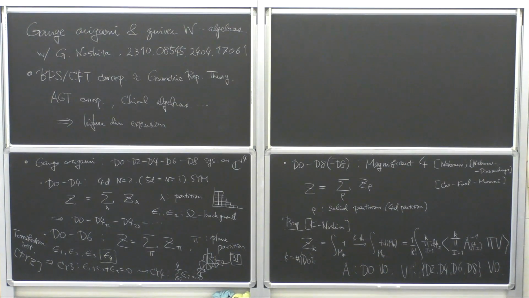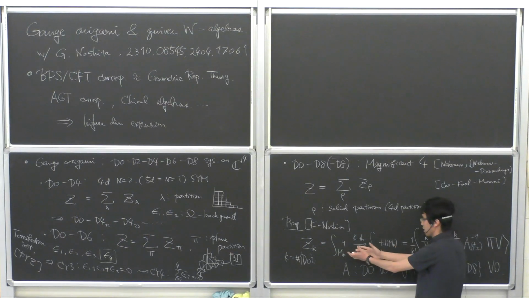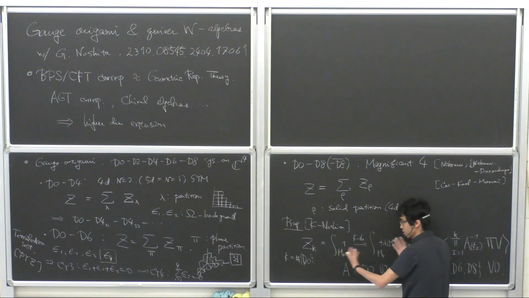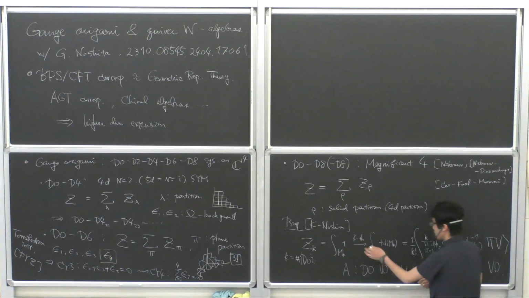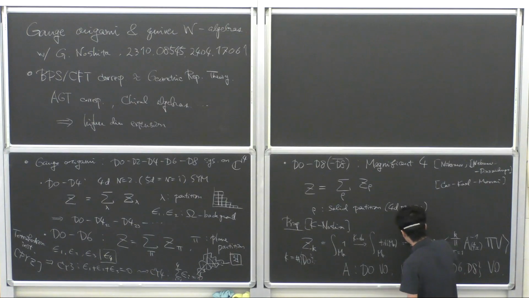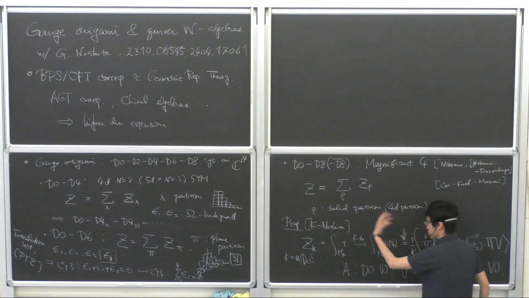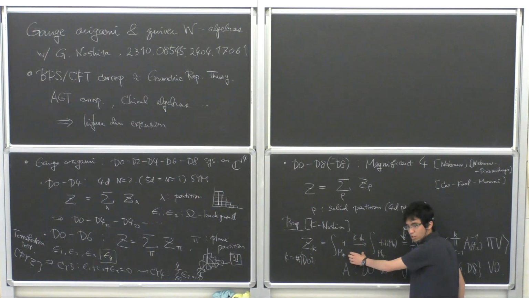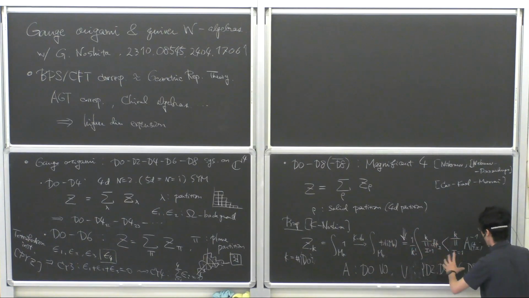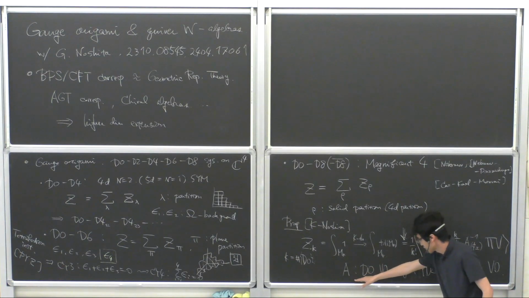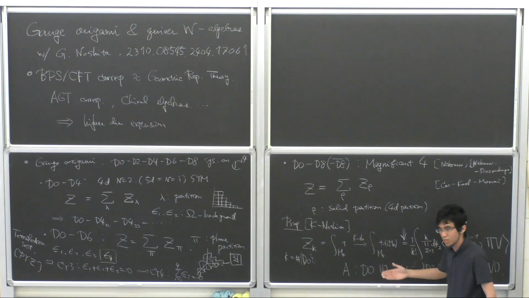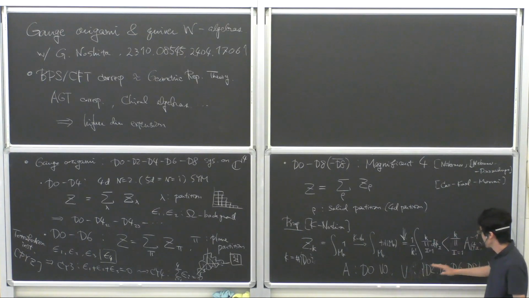Then the claim is the following. This is more or less geometrically computed, starting from the gauge theory computation or equivariant localization. Our claim is that the partition function computed using localization can be written as a correlation function of certain vertex operators. For example, the A serves as a D0 brane vertex operator, and the V depends on the theory.